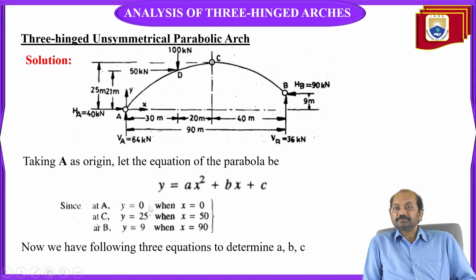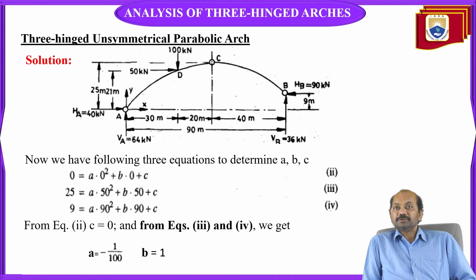So now we have the following three equations to determine a, b, c. Now we have to find out a, b and c by using these values. That is, y is equal to 0: a into 0 square plus b into 0 plus c. That means this term becomes 0 and this also becomes 0.